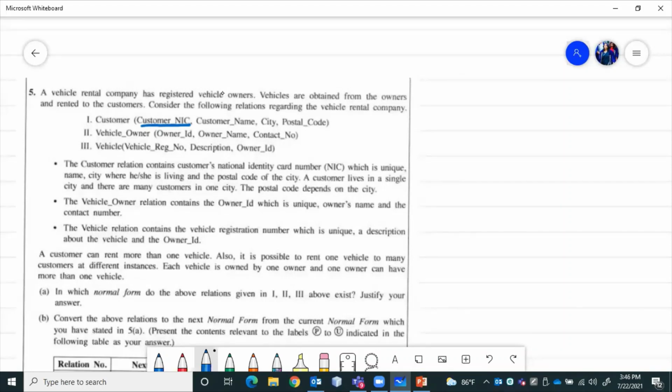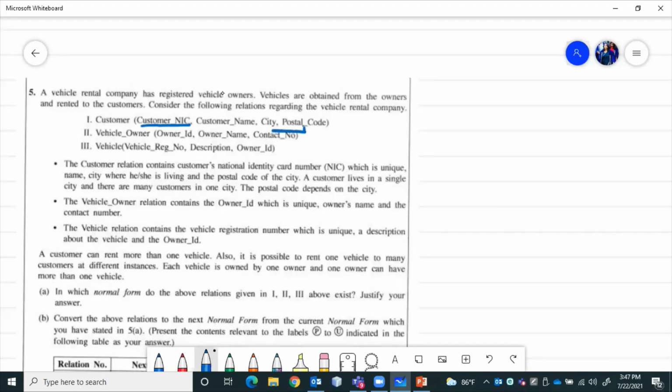The customer lives in a single city, and there are many customers in one city. Yes, it could happen, that there could be many customers, right? The postal code depends on the city. All right. So we are getting something now, right? Postal code depends on the city.